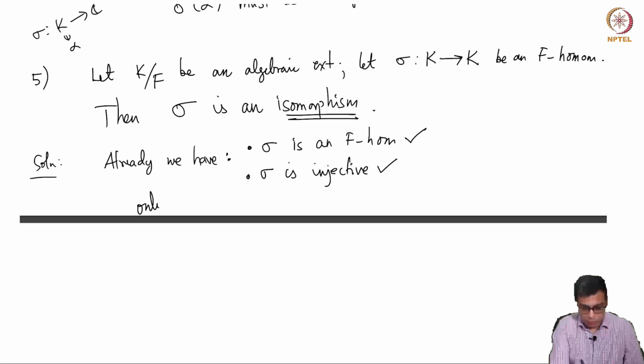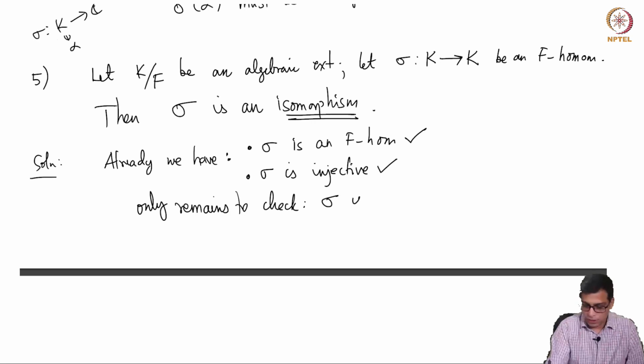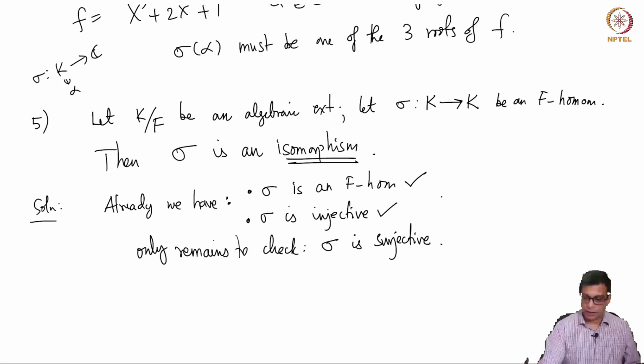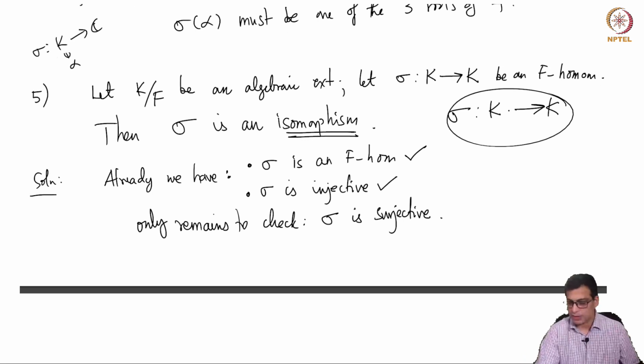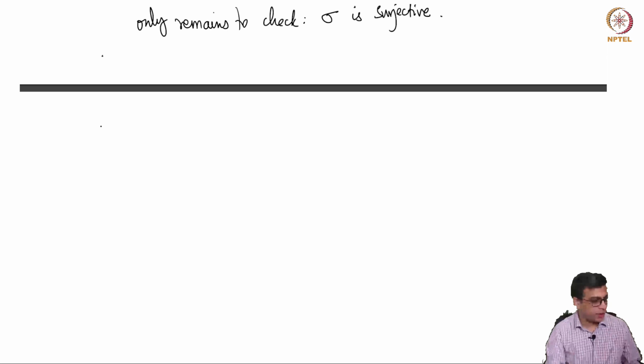So it only remains to check σ is surjective, right? Because it takes K to K, it is a homomorphism, it is injective. The only missing point for an isomorphism of fields is surjectivity. So let us take an arbitrary element and show that it is in the image.